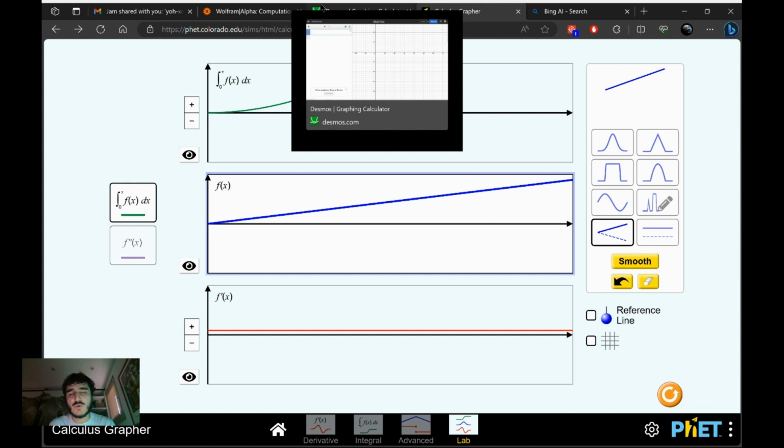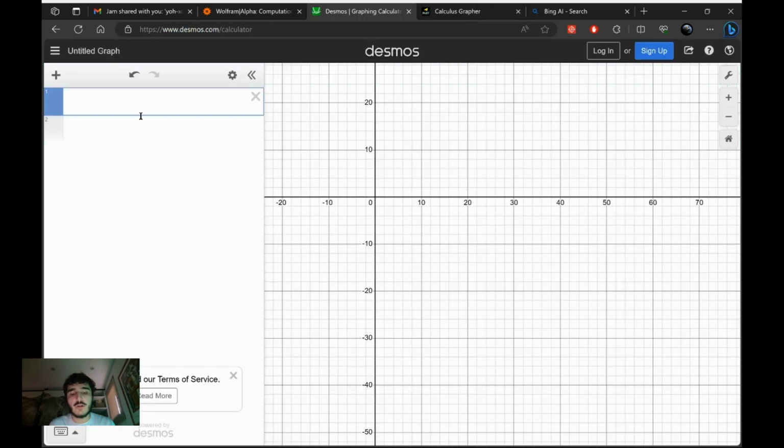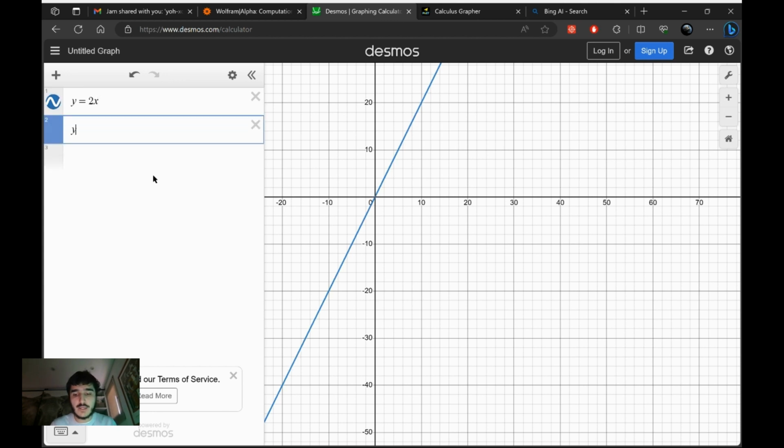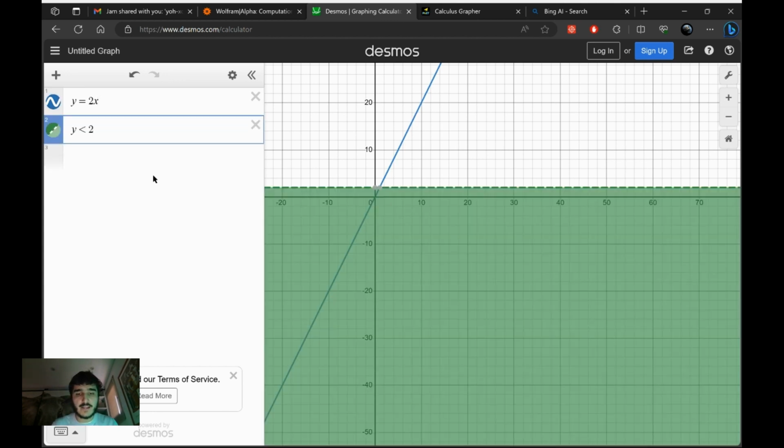Now I want to show you another cool app from the internet that helps us with visualizing it, and it's Desmos. If we enter y equals 2x, which is the equation we had, we're going to get this. And the integral is going to be the area under the curve, which would be y smaller than 2x.